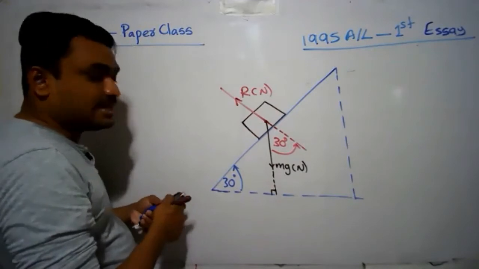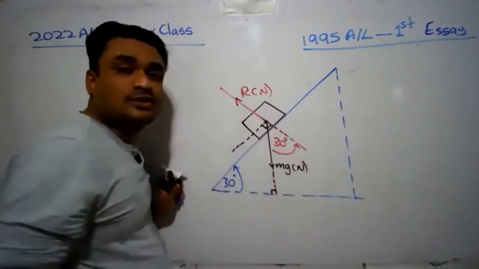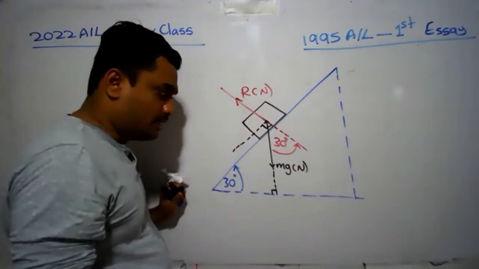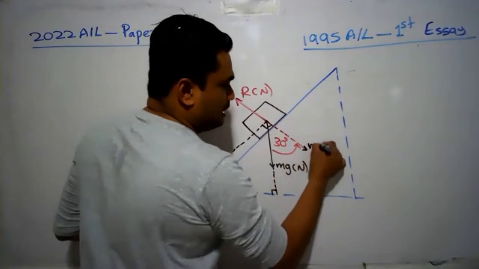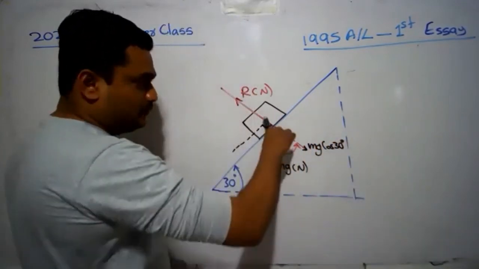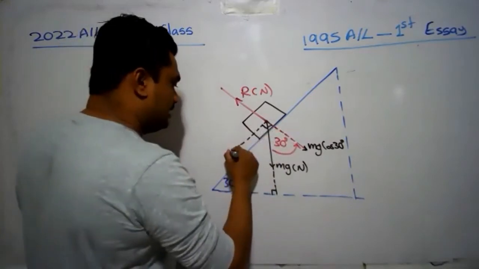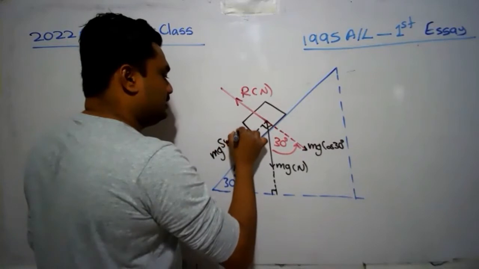This mg force can be divided into two components, which is known as resolving a vector into two components. The component towards the plane is mg cos 30, and the component along the plane is mg sin 30.